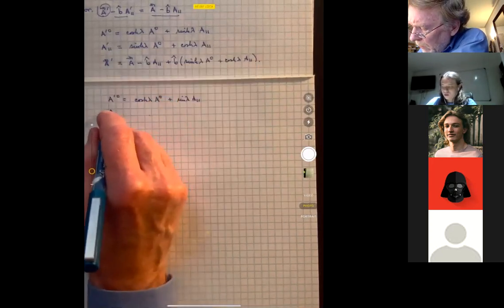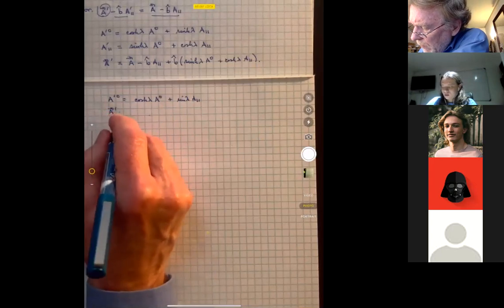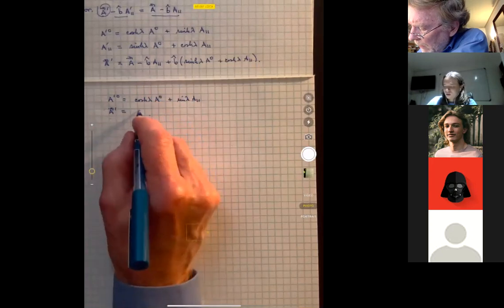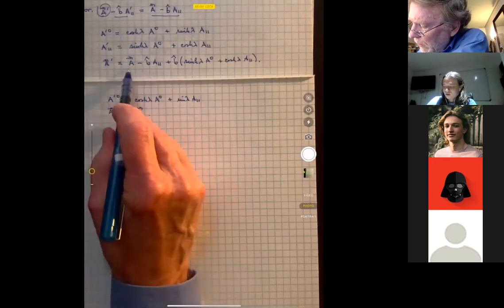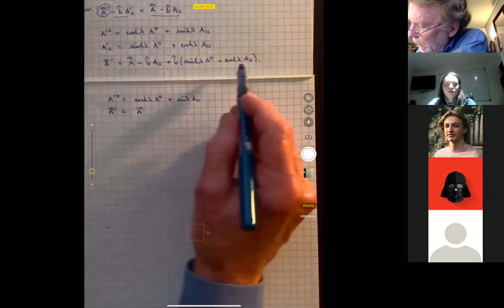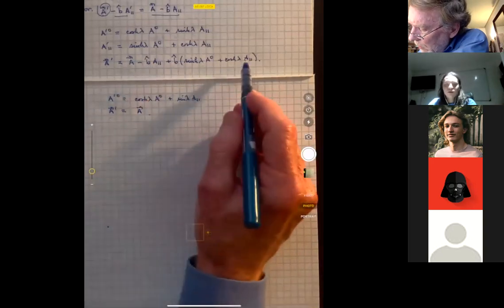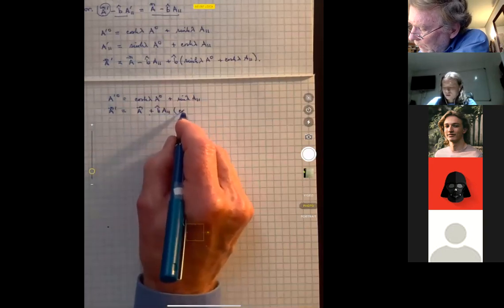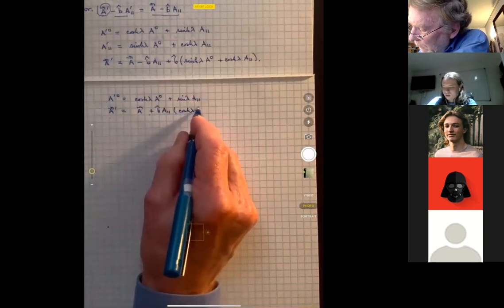And then the second equation is a vector prime is equal to, let me collect this up a little bit, a vector here, the first term. Then b hat times a parallel appears both here and there. So I get plus b hat times a parallel multiplying cosh lambda minus 1.